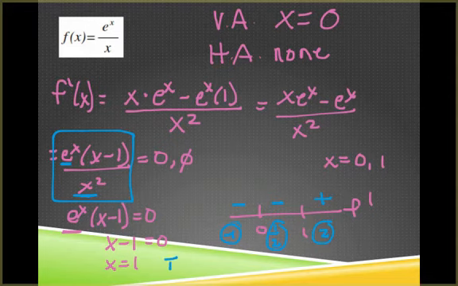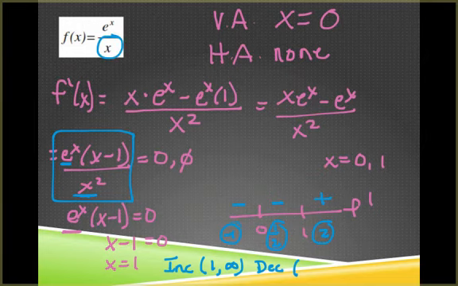This function would be increasing from 1 to infinity, and it would be decreasing in two different places. Now remember, we have to exclude 0 because it was excluded from the domain of my original problem. So it's decreasing from -infinity to 0, union from 0 to infinity.